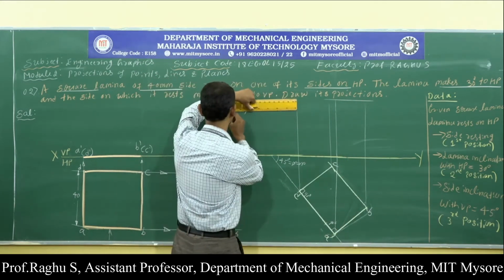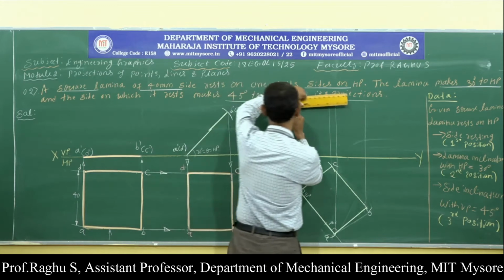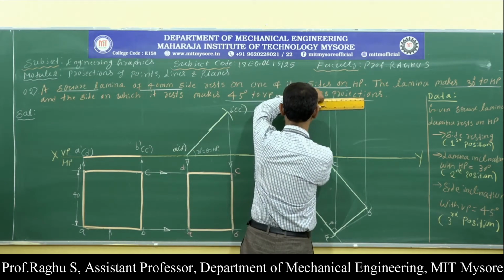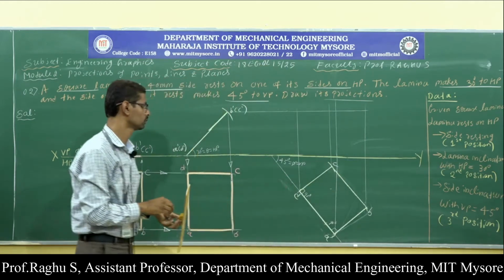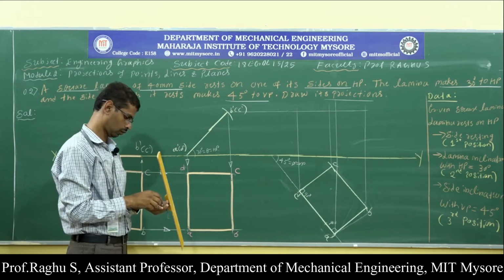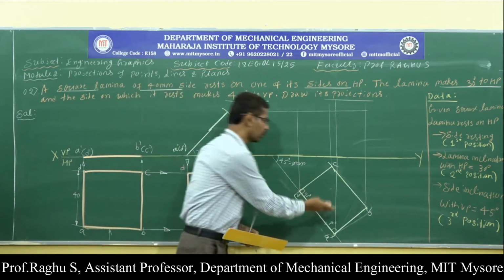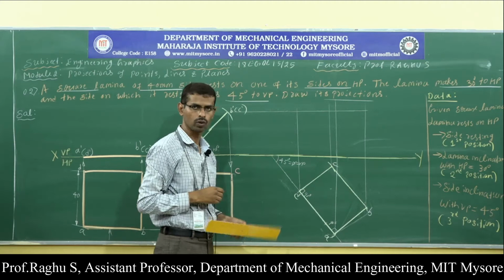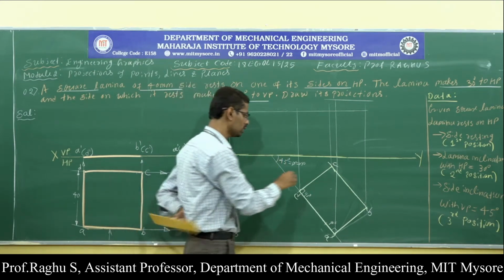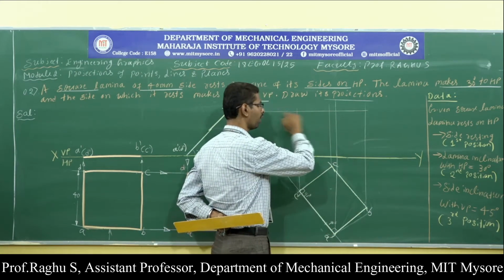Now draw horizontal projections. So draw vertical projections from all four corners and draw horizontal projections to get the final front view. Here also indicate the four corners, with the same procedure: vertical projection, horizontal projection.